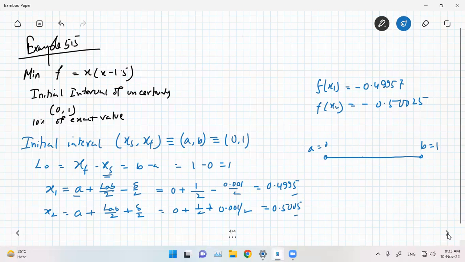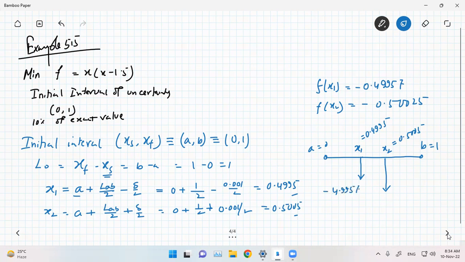So one of them is this, and the other one is this. This is our x1, this is our x2, and x1 is nothing but 0.4995, and x2 is 0.5005.